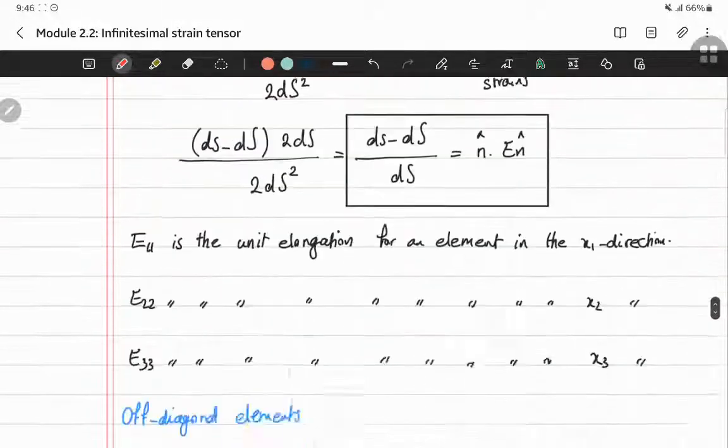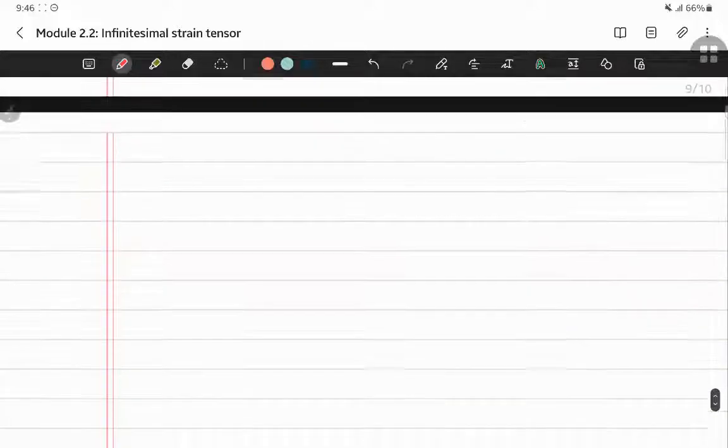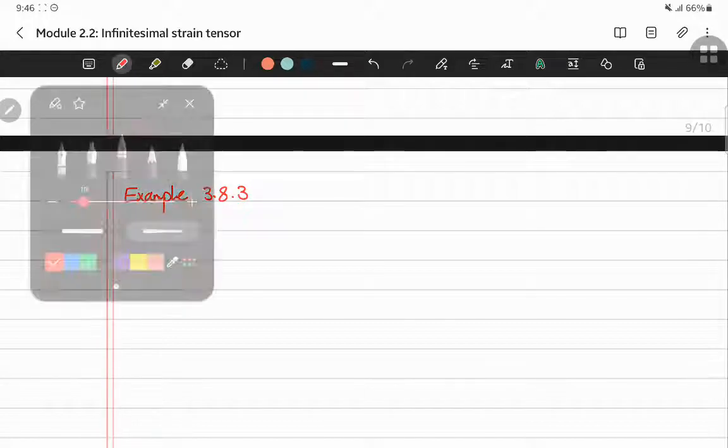All right, there's also another important example here I want to clarify, and that is example 3.83.